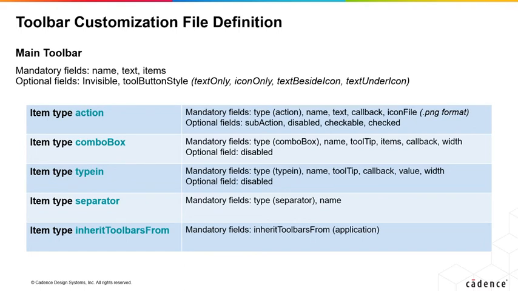The next one is a separator, meaning it's a vertical bar that would separate items in a line just for visibility and ease of use. And then the last one is interesting in that you can inherit toolbars from other applications. So you don't have to recreate or copy it over. You can just, for example, inherit the layout toolbars and then add additional items to them.